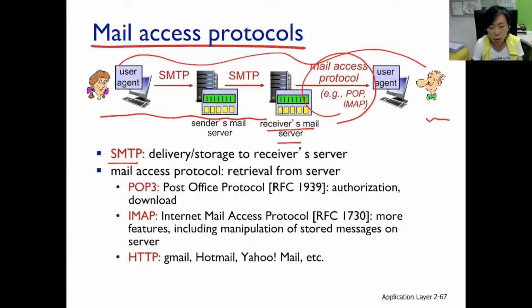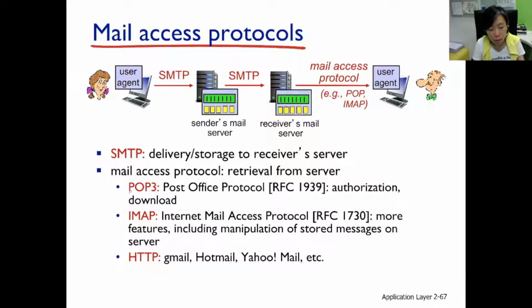So what it does is allow the receiver to retrieve email from its local server. There are three very popular mail access protocols: POP3, Post Office Protocol, IMAP, Internet Mail Access Protocol, and HTTP. These two, you can see, are more specifically defined for the purpose of allowing a receiver to retrieve email.